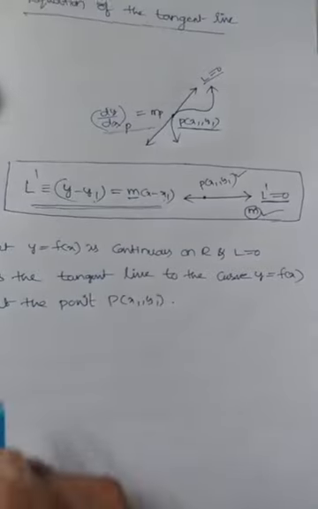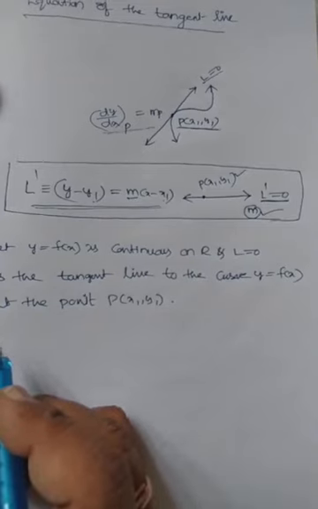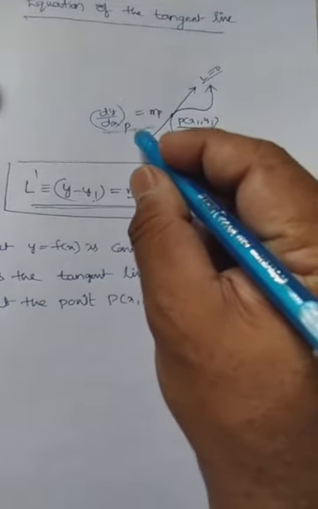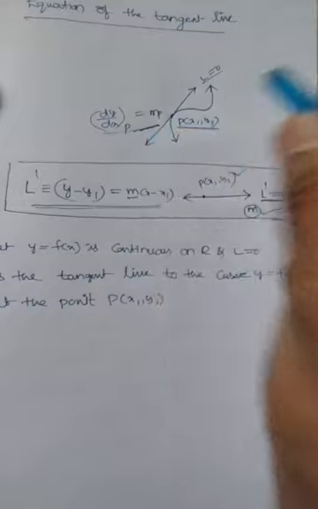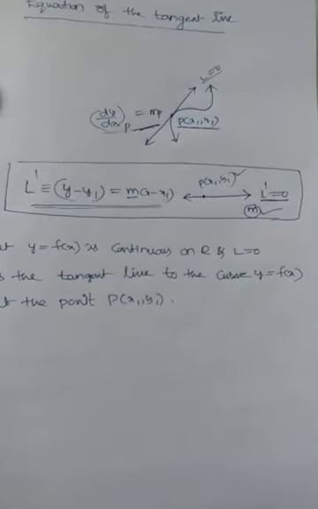Now first we will find the slope of the tangent line. First we will find the slope of the tangent line.